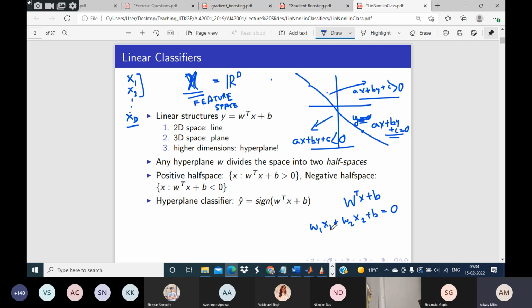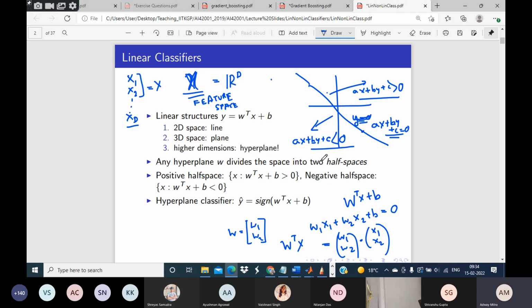And as you can understand, w1 x1 plus w2 x2 is basically the dot product between the vector w1 w2 and the vector x1 x2. And this I can also write as W transpose X, where W is equal to w1 w2 and X we have already written as x1 x2.